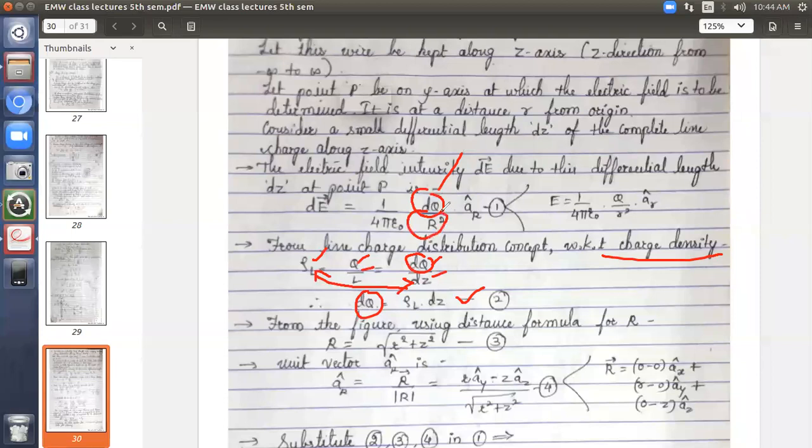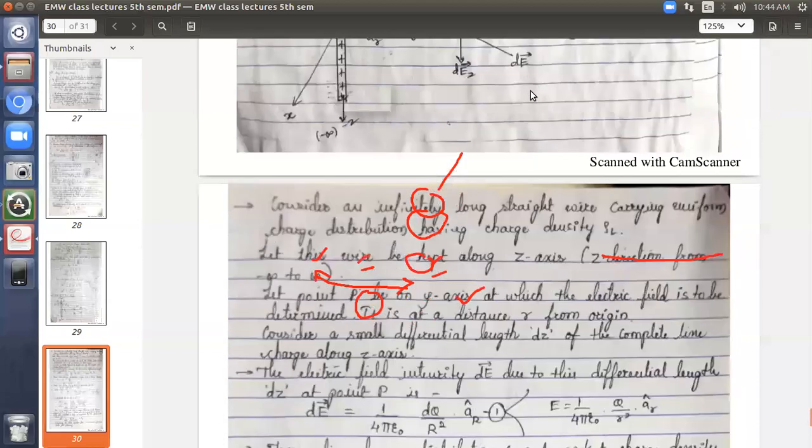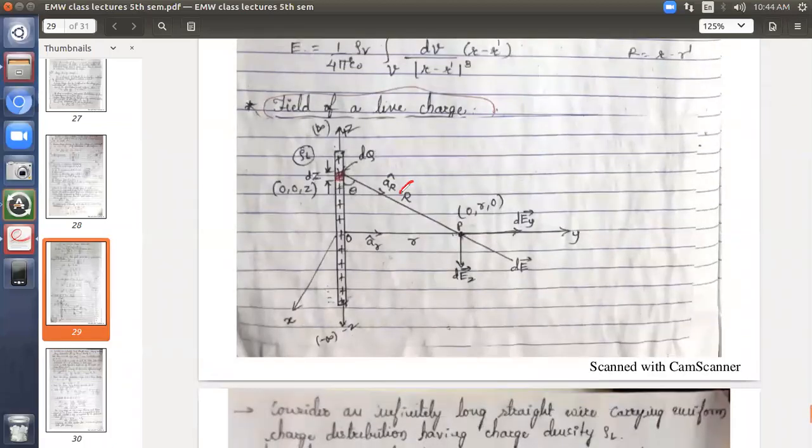Then I will go for this capital R, that is the position vector. What is capital R? How to find it? You know these two position points.